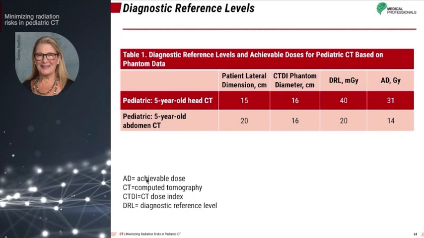Achievable dose, or AD, is set approximately to the median of the study distribution, and it is used with the DRL to optimize imaging processes by balancing image quality and patient dose. Diagnostic reference levels, or DRL, and achievable dose, or AD, provide target values, allowing a facility to compare its practice with other similar institutions.